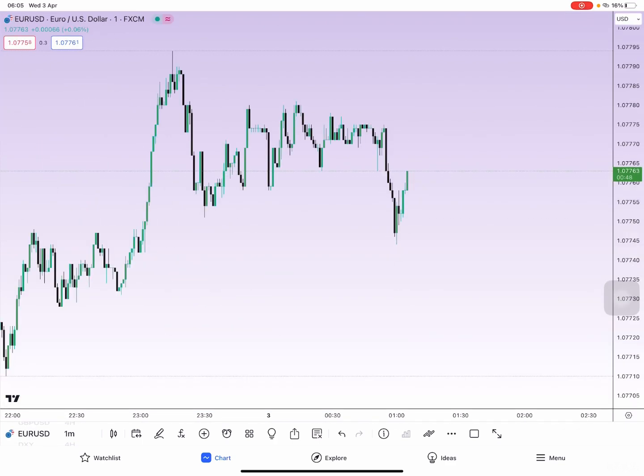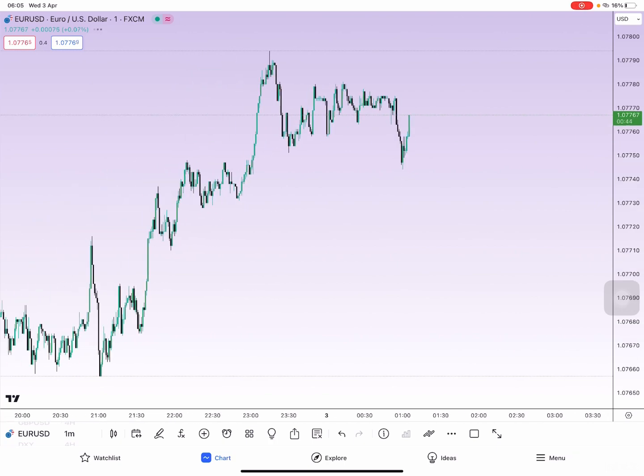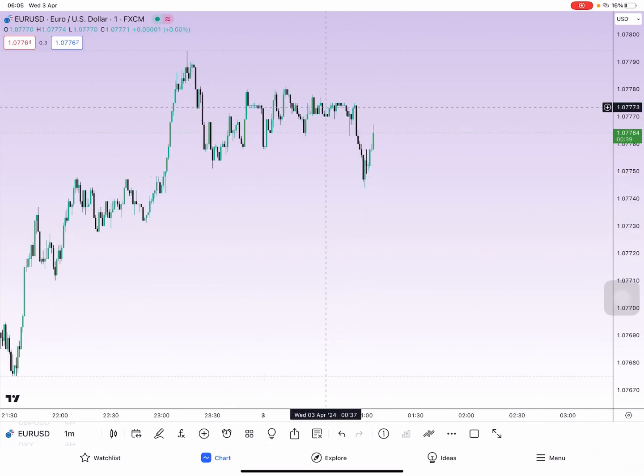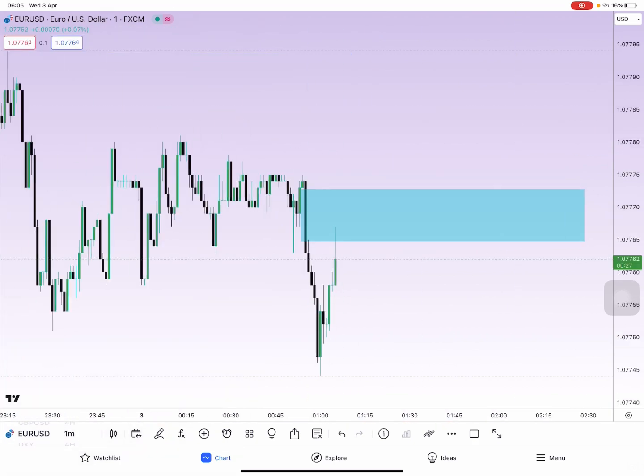Let's see what Euro is doing. So Euro has done some consolidation here, dropped down, coming back to this gap. This one.